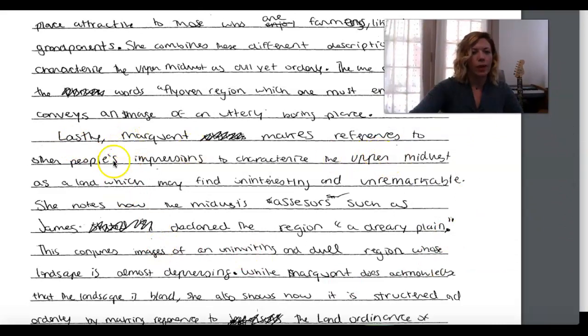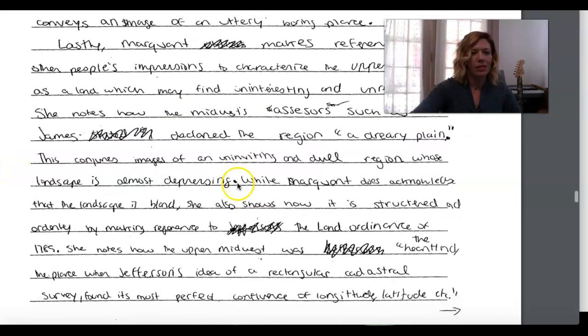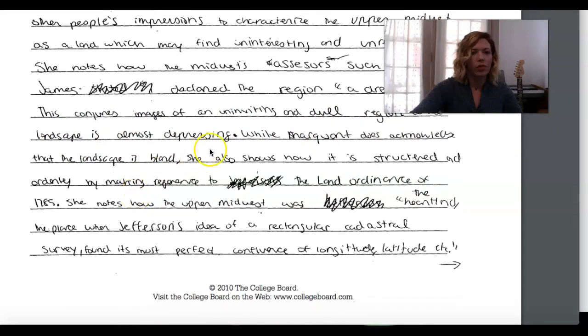The author makes references to other people's impressions to characterize the upper Midwest as a land which many find uninteresting and unremarkable. She notes how the Midwest's assessors, such as James, declared the region as a dreary plain. This conjures images of an uninviting and dull region whose landscape is almost depressing.